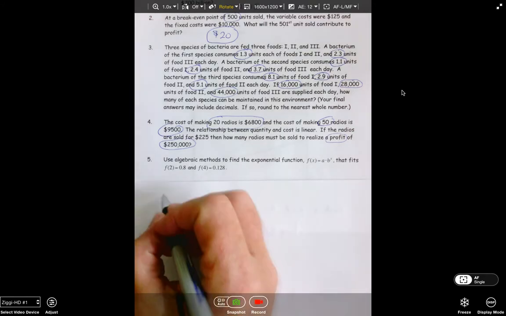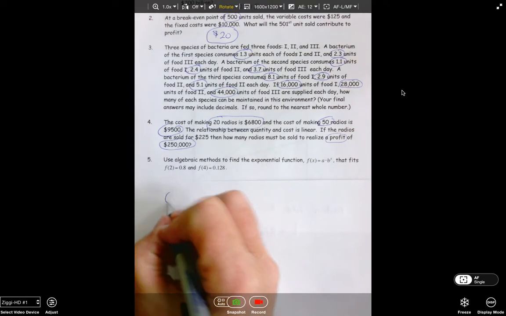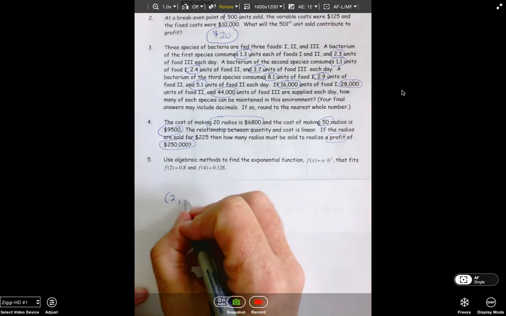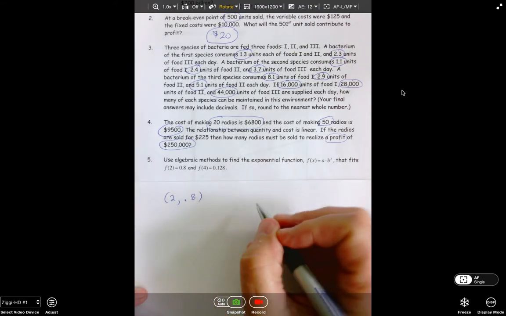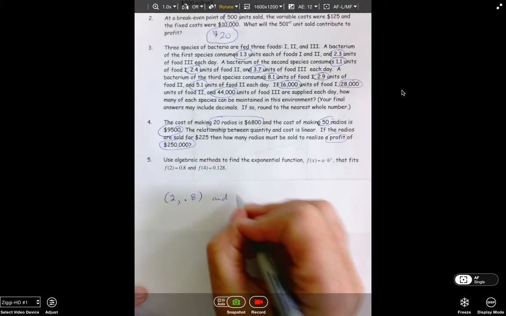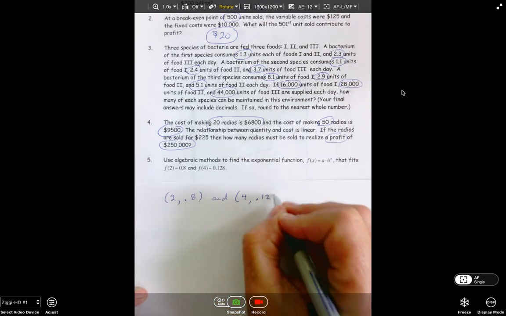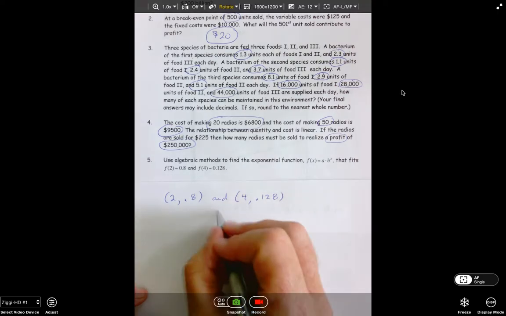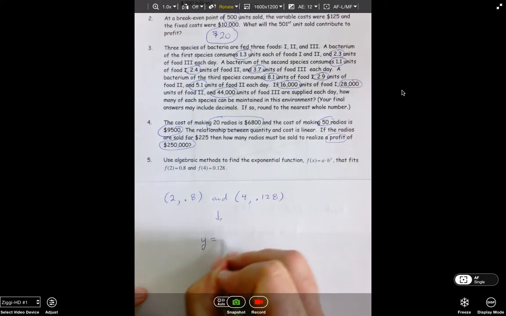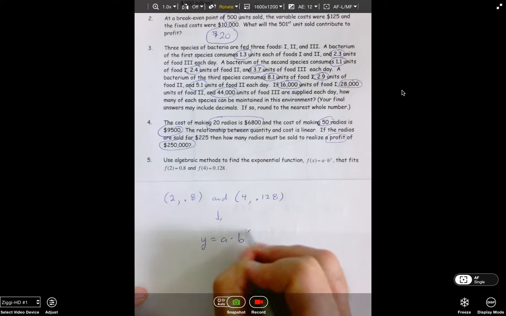So I know that I have the ordered pairs 2, 0.8, and 4, 0.128, and these things have to be in the form y equals a times b raised to the x power.